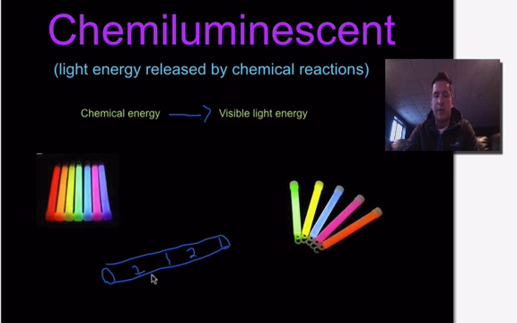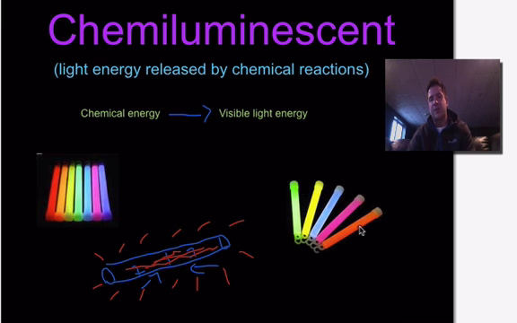What happens is we bend this and break it, and we see the combination of these chemicals. When they combine, there's a chemical reaction that causes this to emit visible light, which means give off light, and it glows. So these glow sticks work by taking two chemicals and barriers, breaking them, mixing them together, and then that emits light through an exothermic chemical reaction.